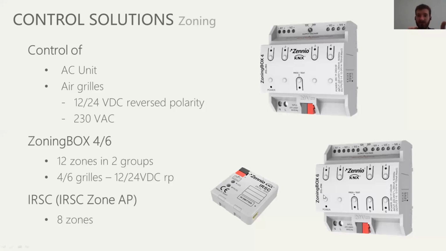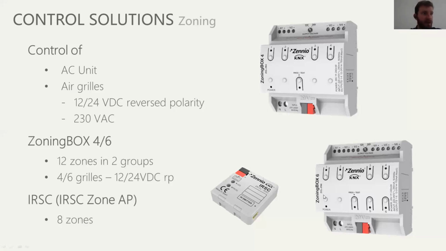Both thawing box 4 and 6, 4 is for 4 grills and 6 for 6 grills, have either 12 or 24 volt reverse polarity control. It's quite easy to change from 12 to 24 volt. You can do that with your nail or with a screwdriver, but you have to do it in hardware.